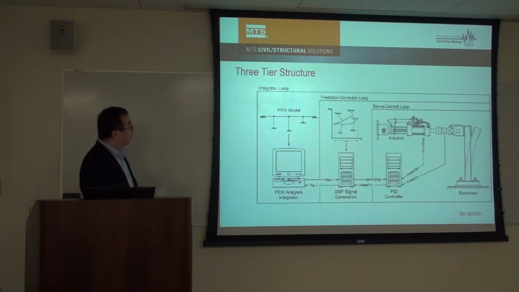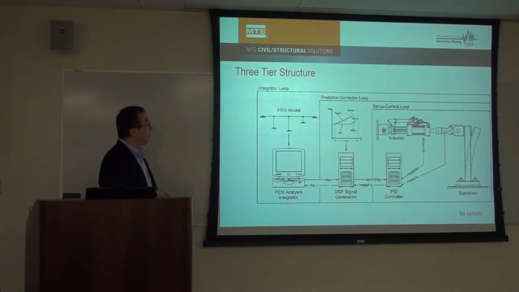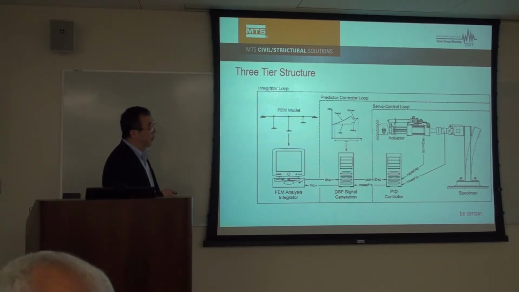So the idea is you have another control loop. On the test side, we have our controller with a high control rate, maybe 1 millisecond, where it needs a command. On the other side, the model cannot be run with that step size because that would require the model to be very, very simple.